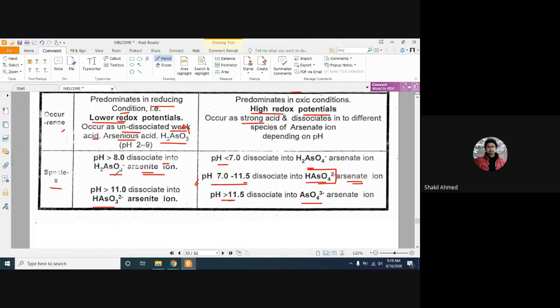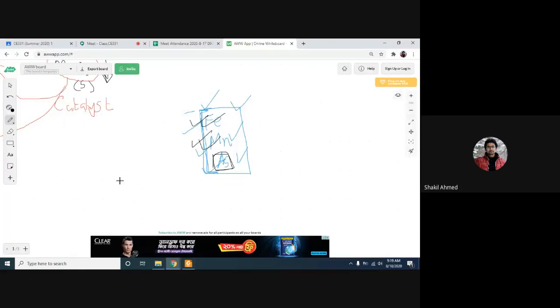If you look at here, H2AsO3 minus. We can write for hydrogen this is plus 1, right?